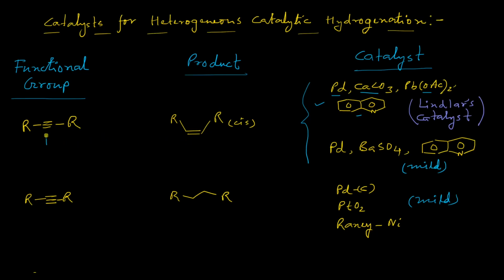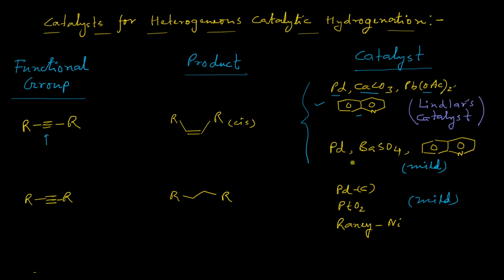This is due to the rich pi electronic cloud present in the alkyne system, which is not in case of the alkene system, and that's why the deactivator plays the crucial role during this catalytic hydrogenation using Lindlar's catalyst.